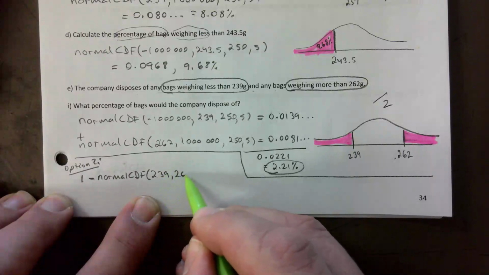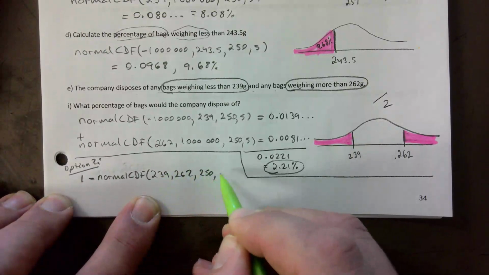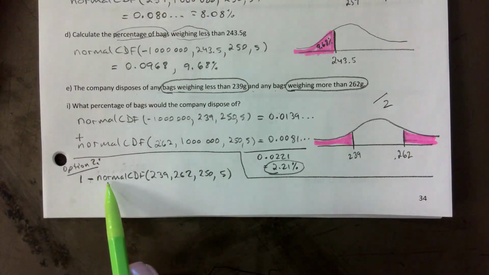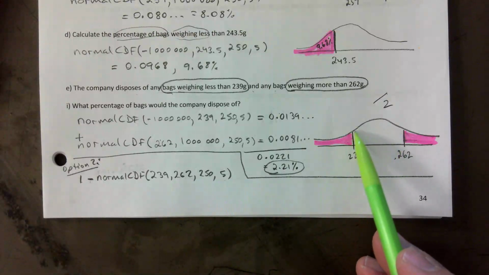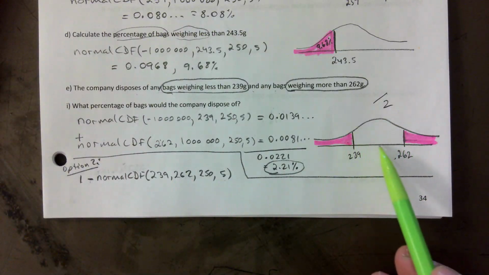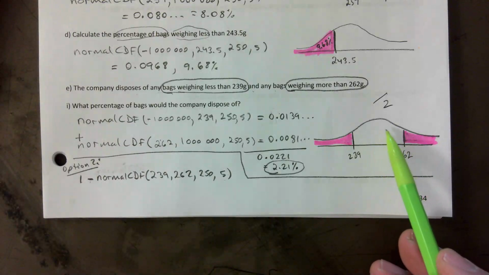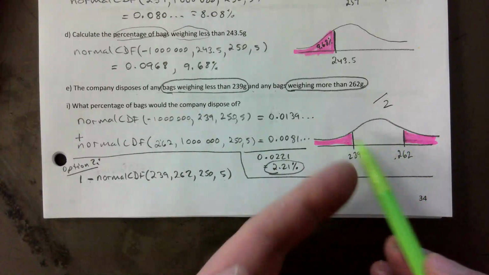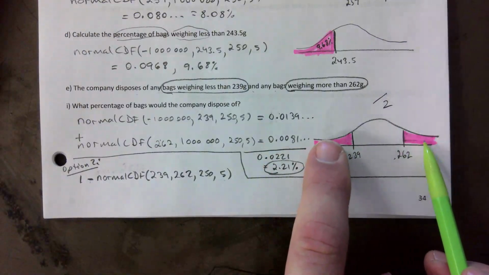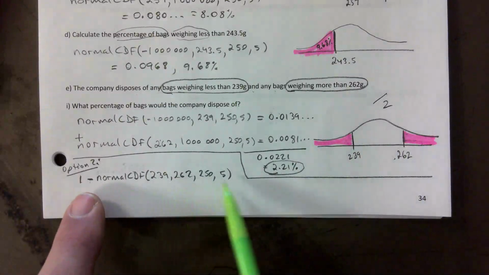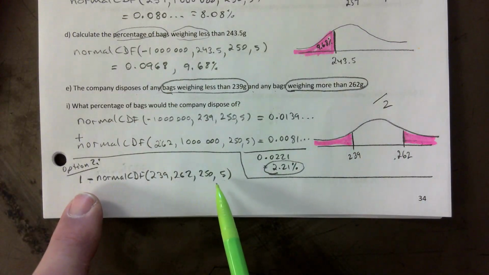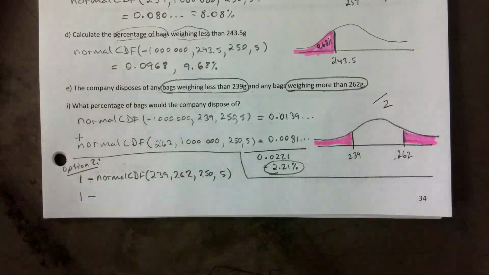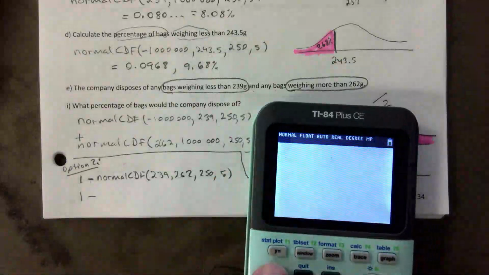Say what? 1 minus normal CDF. So I'm going to take away this middle section. It's not really the middle, but you know what I'm saying. Right? This non-highlighted section. I'm going to take that away from 1, and that's going to leave me with the tails. So this is another way of doing that exact same question. I think it's more efficient, to be honest. So I'm going to go ahead and do this second.